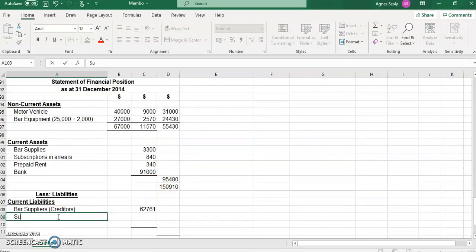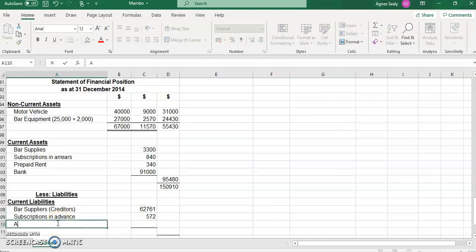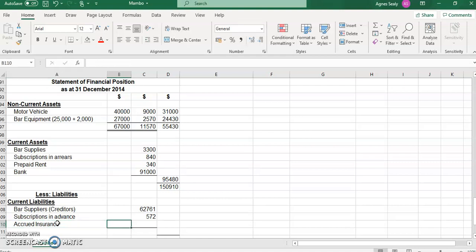We also had subscriptions in advance. These are prepaid subs, and that was $572. And we have accrued, which they give us at the end, insurance, and that was $650.